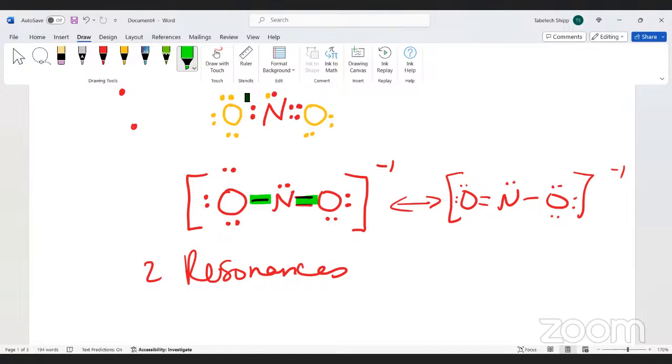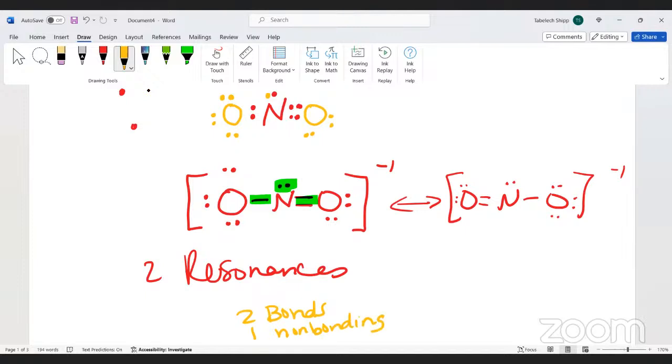So you have two bonds attached to nitrogen. And how many non-bonding pairs of electrons do you see? You only see one. So you see two bonds attached to nitrogen, one non-bonding pair.